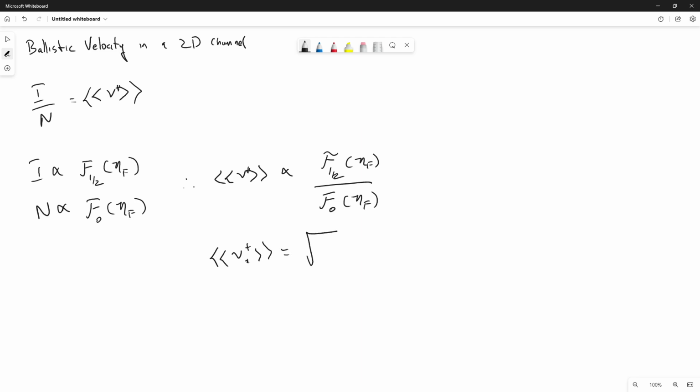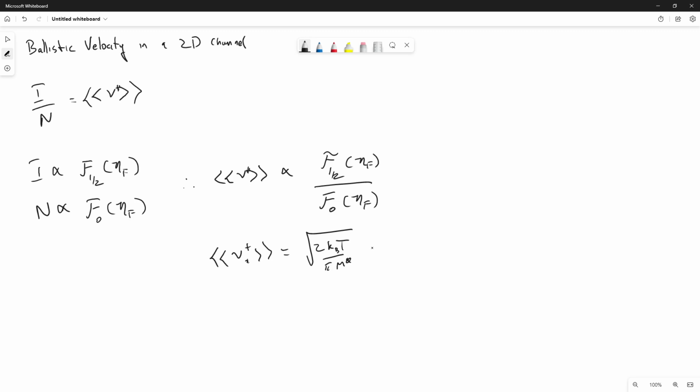So this will be written as square root of 2 kBT by pi m star. This comes from Maxwell-Boltzmann statistics, because at high temperatures the Fermi-Dirac distribution can be approximated by the Maxwell-Boltzmann distribution.